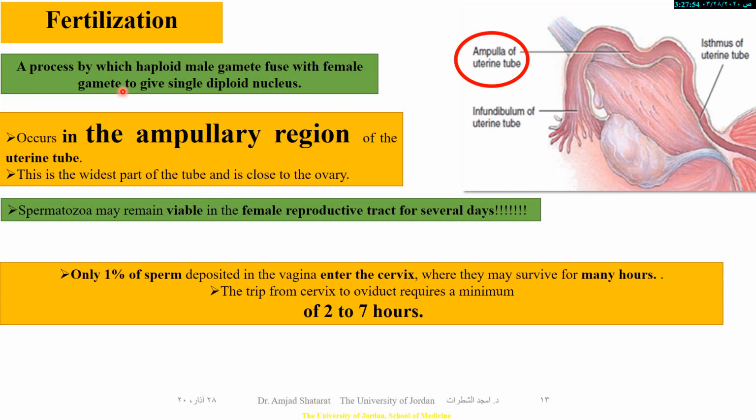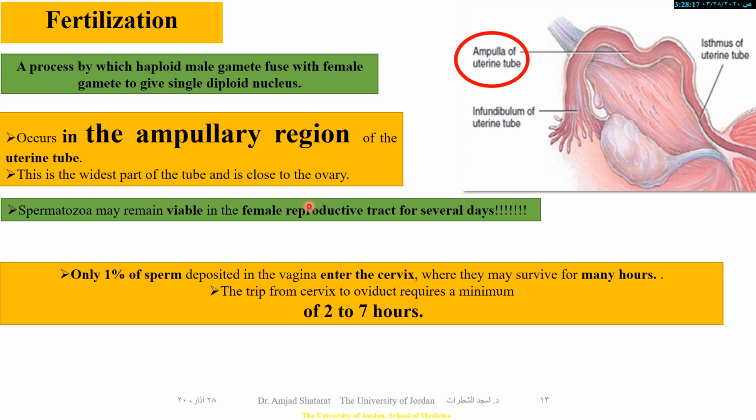Fertilization takes place in the ampulla region of the uterine tube. Why there? Because this is the widest part of the tube. Spermatozoa may remain viable in the female reproductive tract for several days, and we may talk about this later.